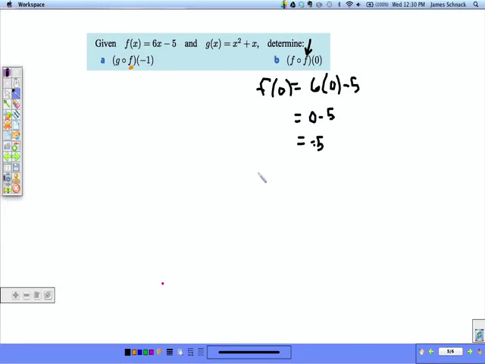So what do we do with that now? Now it says to take that output from the first machine and plug it into the second one. The second machine we're using is f again. So f of f of 0 is equal to negative 35.